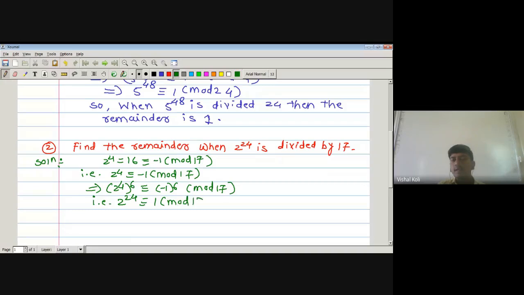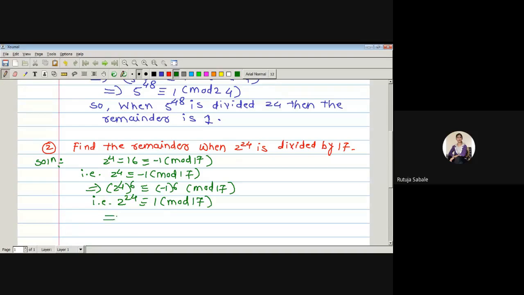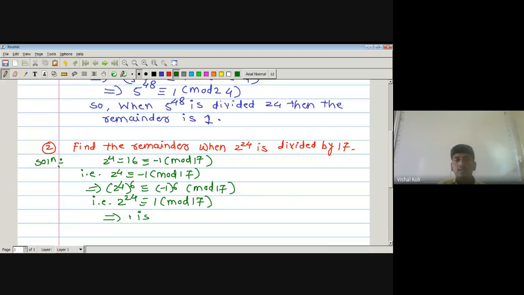Then the remainder is 1. So 1 is the remainder when 2 to the power 24 is divided by 17.